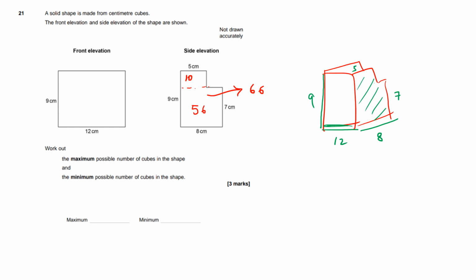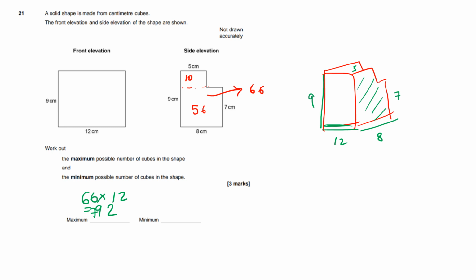So if I do 66 times 12, I think I'm just going to get something around 792 is the maximum amount I can have.